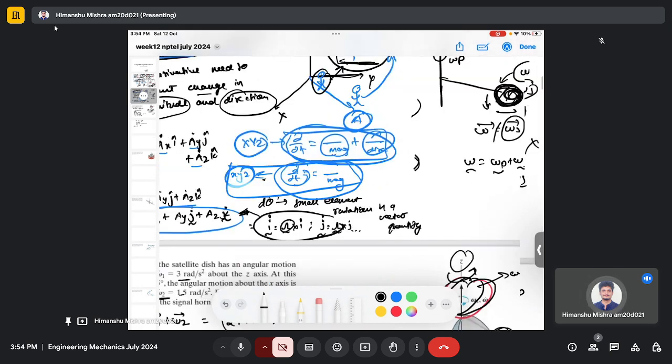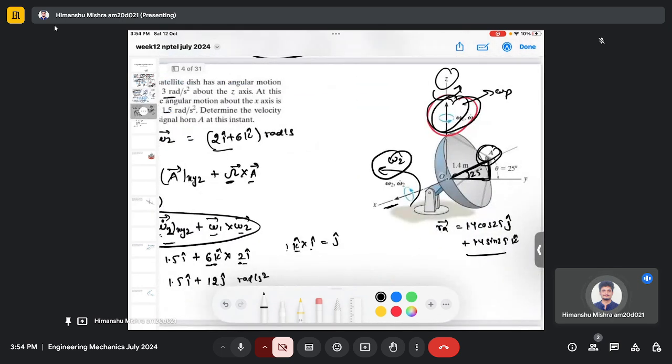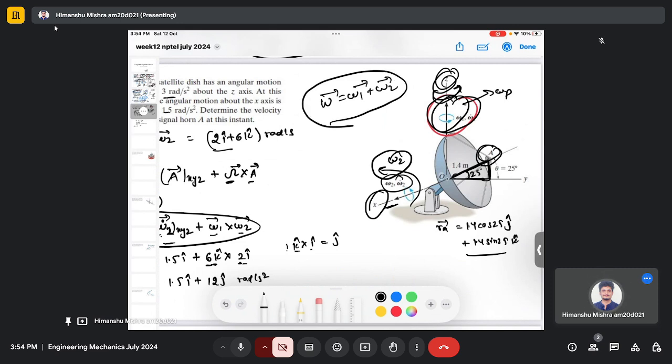The same concept we used here, because there was a motion along the z axis and a motion along the x axis. So the rotation of the satellite is not solely determined from omega 2. The rotation of the satellite will be omega 1 plus omega 2. This will be my resultant rotation of the satellite.